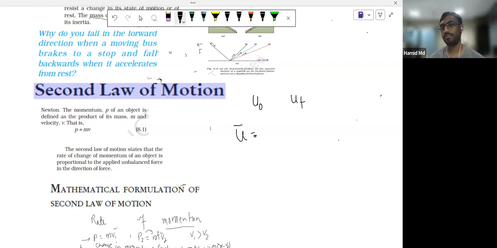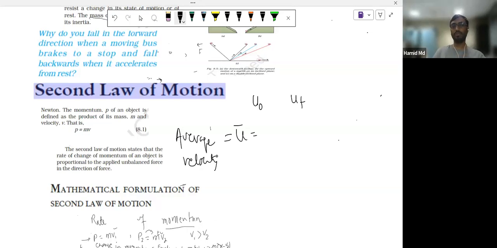A mark on the top means average. Before starting Newton's laws, we must understand what velocity and acceleration are, then only we will be able to understand Newton's laws, right? That's why we are investing some time in these basic terminologies.